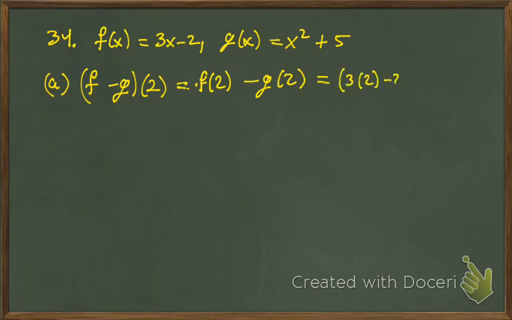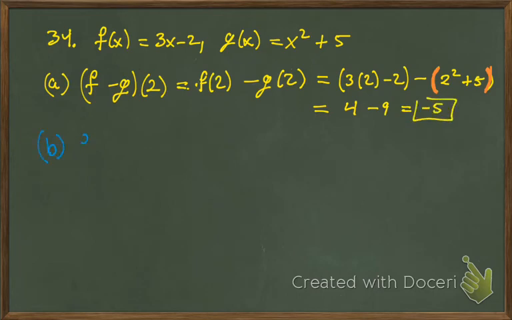So 3 times 2 minus 2 minus, very important to have these parentheses here. This is where most of the errors are made, so it's minus the entirety of g evaluated at 2. So that means we need to work the parentheses out first before we subtract. And so that's going to give us 4 minus 9, which gives us negative 5.